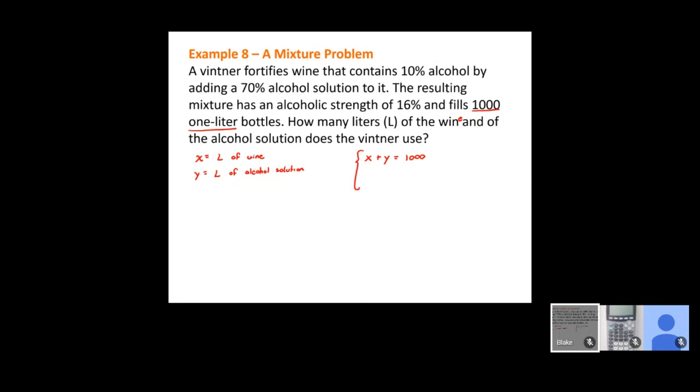Now we need our second equation, right? And I can go ahead and tell you those percentages are going to come into play now. So we got to think about how we can use those percentages to write an equation that's going to help us to solve for x and y. What do you think that equation might look like?